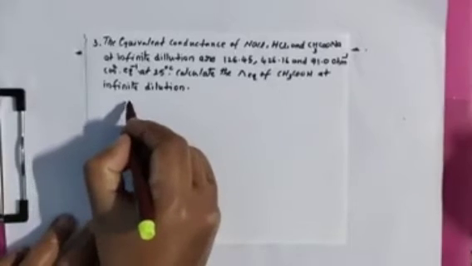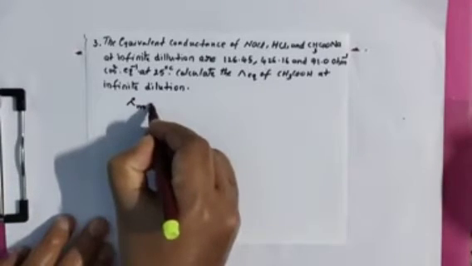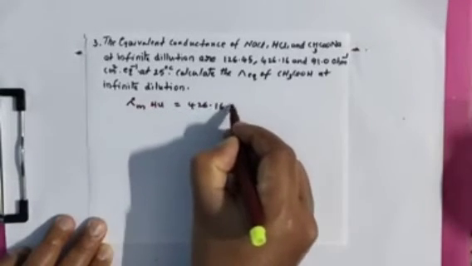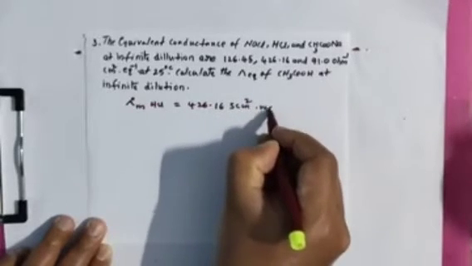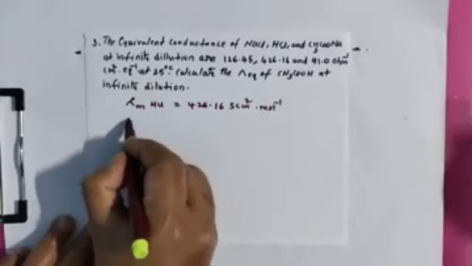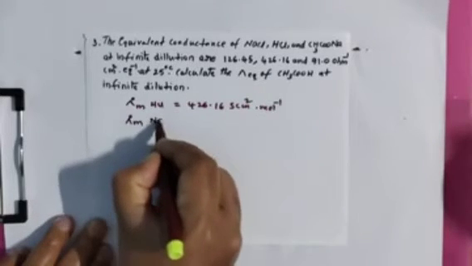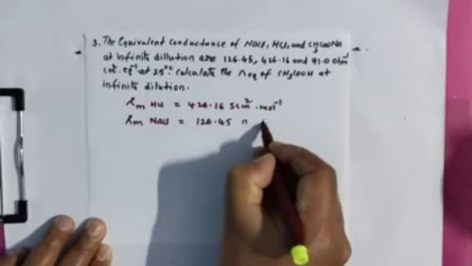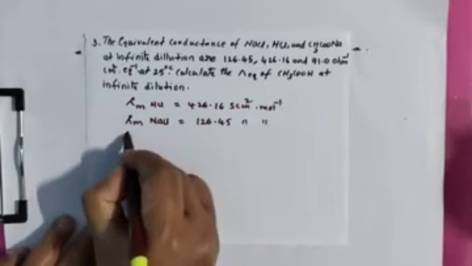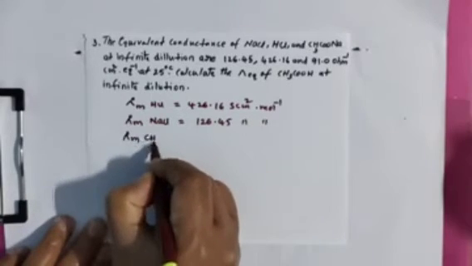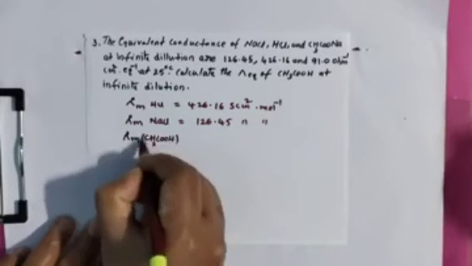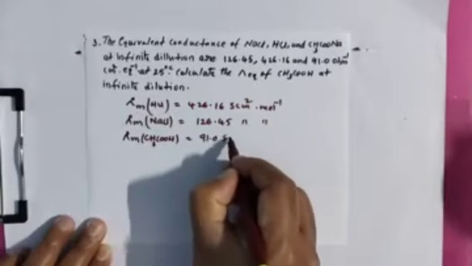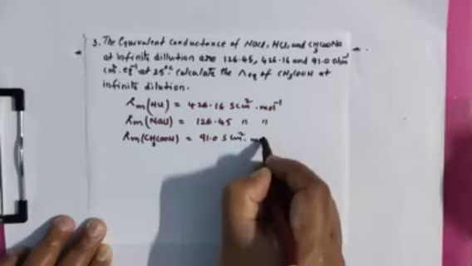Look here, the values they have given, I am writing. Molar conductance at infinite dilution of HCl is given as 426.16 Siemens centimeter square mole inverse, and that of NaCl is given as 126.45 centimeter square mole inverse, and that of CH3COONa is given as 91.0 Siemens centimeter square mole inverse.